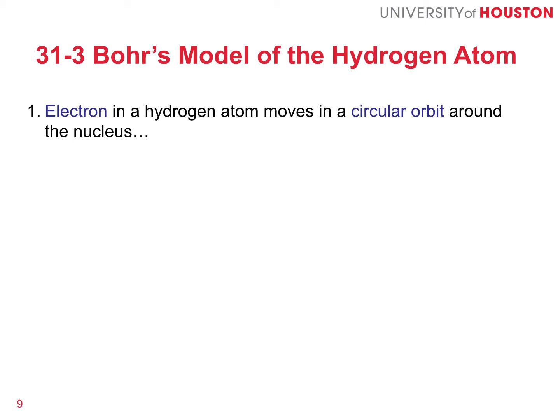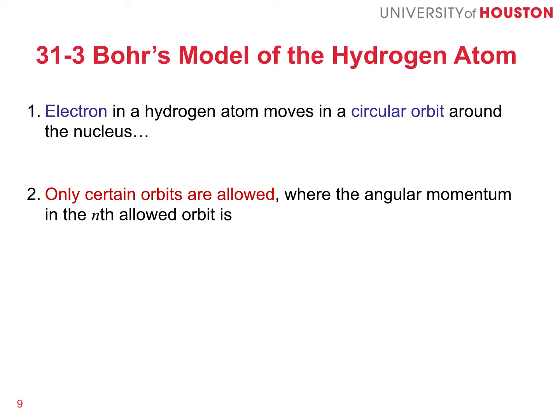The second assumption is only certain orbits are allowed, and these are dictated by their angular momentum, where their angular momentum has to be equal to n times h, Planck's constant, divided by 2 pi.